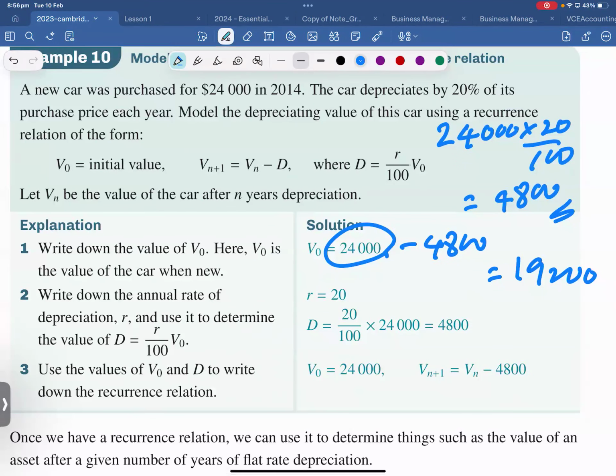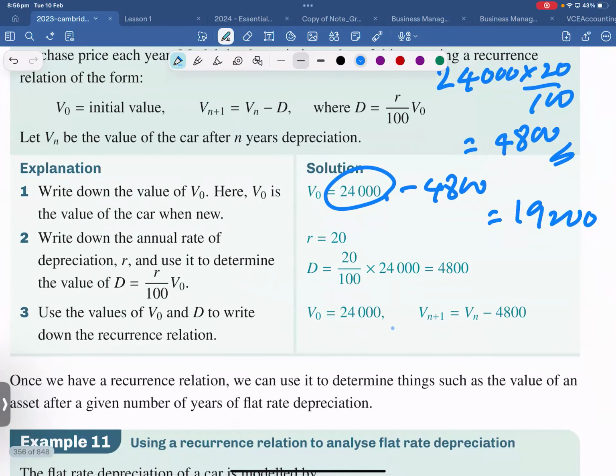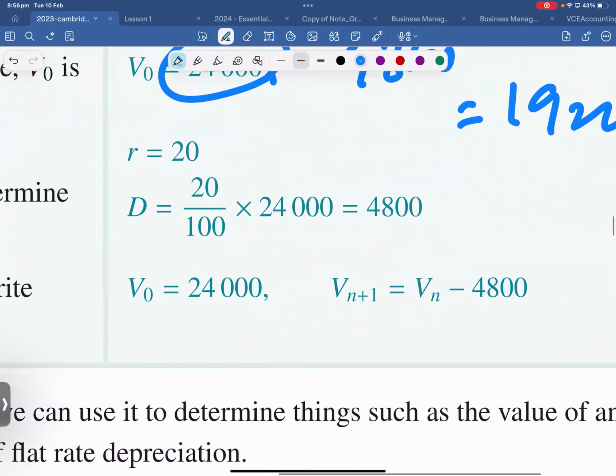Then can we write the rule? Yes. Vn plus 1 is equal to Vn take away 4,800. This time it is not plus, it is less. It's still recursion, because every year this rule applies. Every year the value will decrease by 4,800 from the value we had.